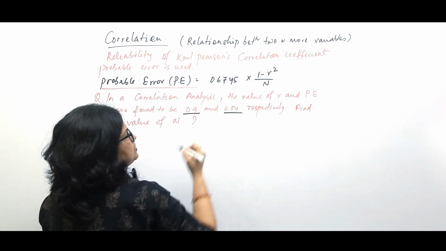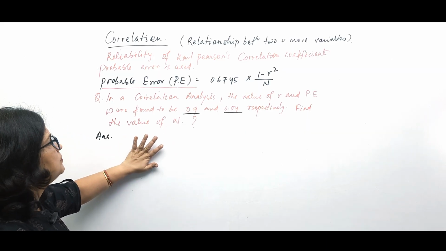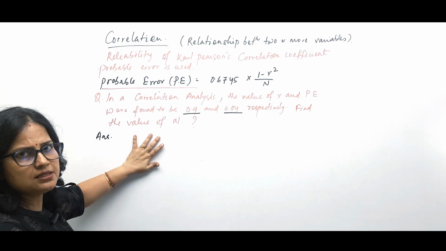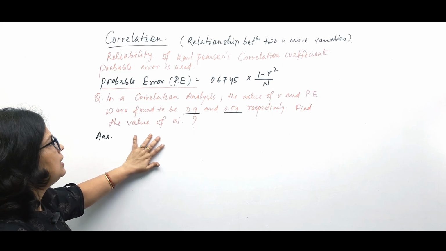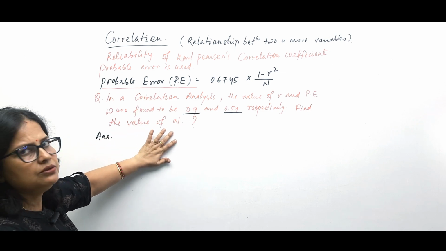Find the value of n. Here two values are given: r, the correlation coefficient, and the probable error. You need to find the value of n.